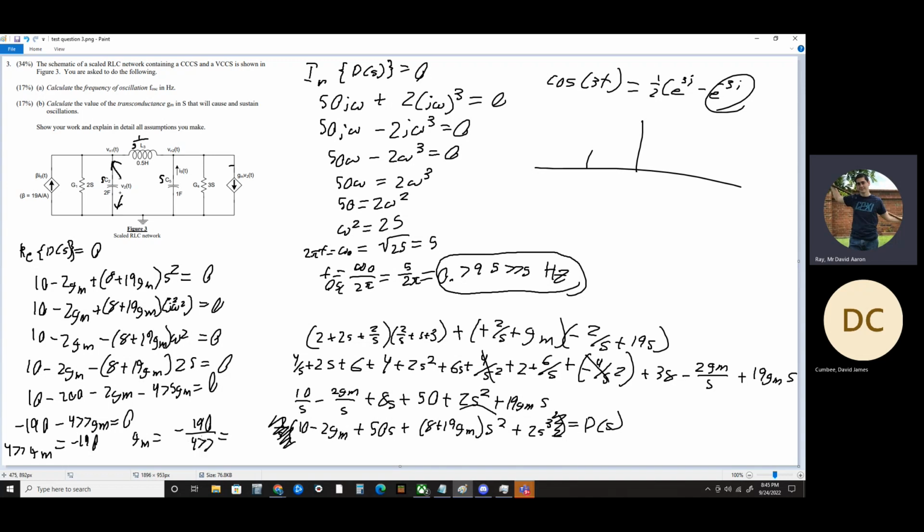And that equals negative 0.398323. And then that is your gm, and then that is your frequency of oscillation in hertz.